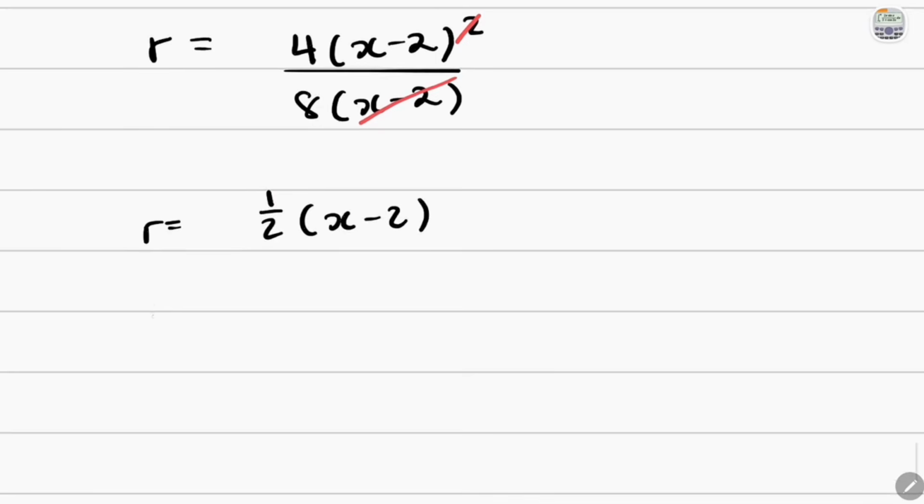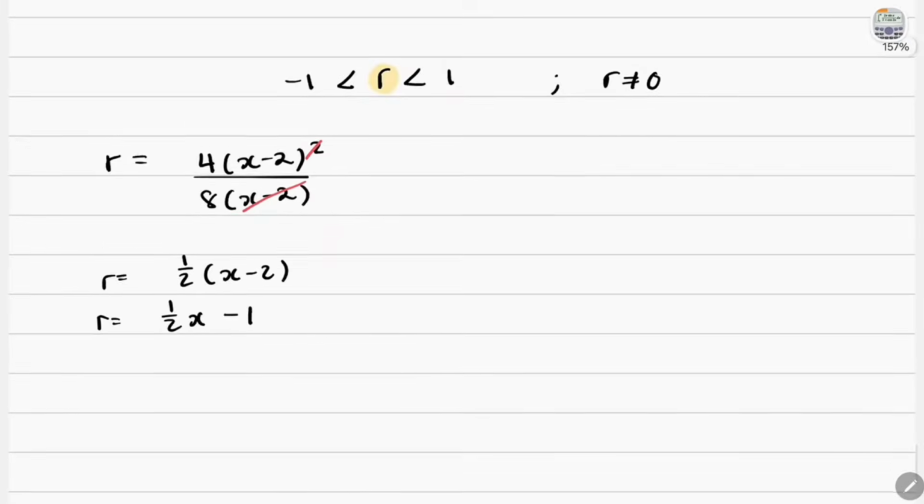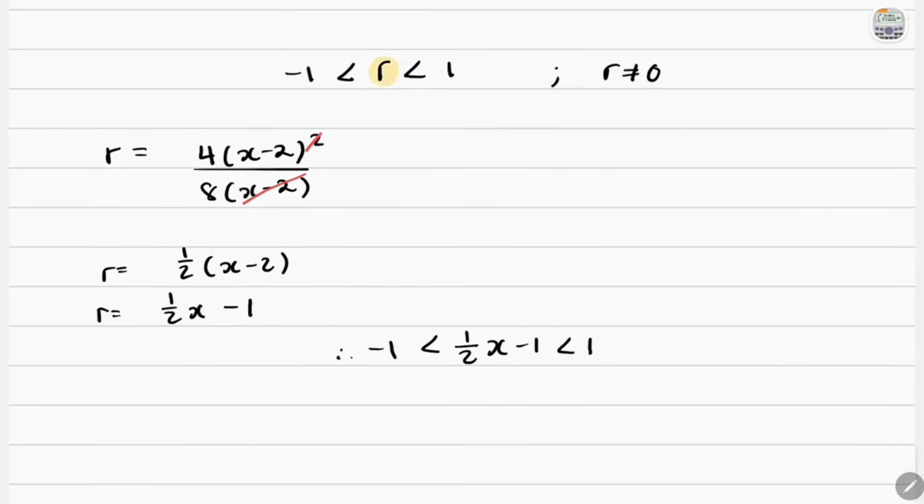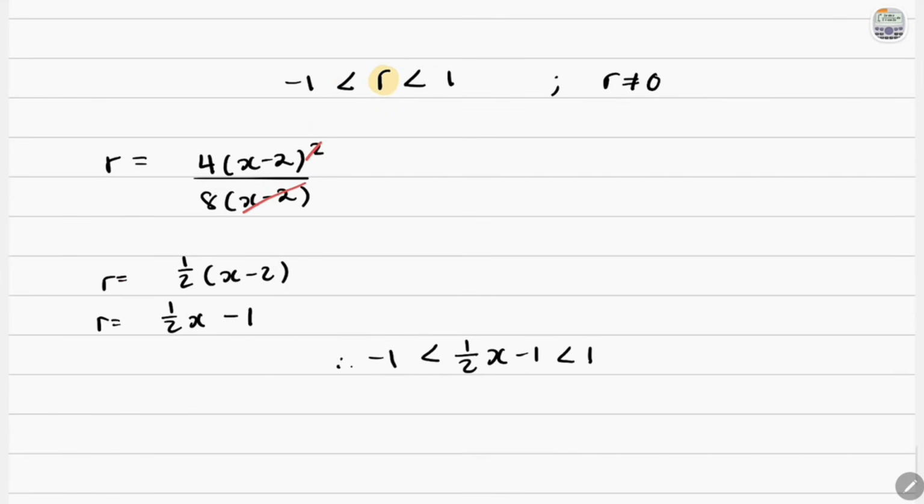We can go ahead and distribute that at this point. So this is a half x, and then that multiplies to become -1. So we need to ensure that this ratio, a half x minus 1, is greater than -1 but less than 1. Also ensure that r is not equal to 0.